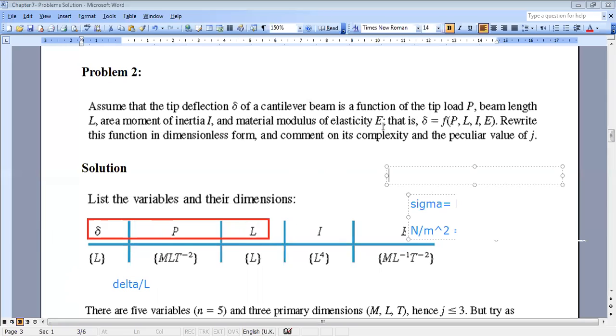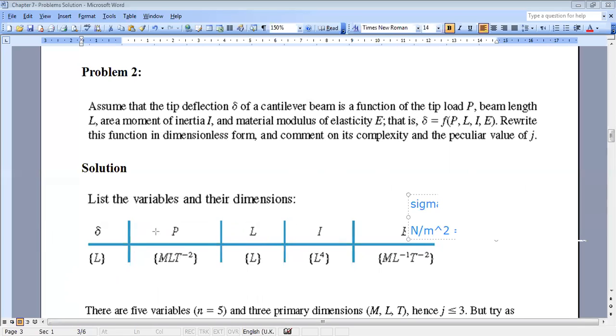Now, how can you know this without trying a lot? Look at your dimensions. In general, we say that if we have 3 dimensions, then probably J can be equal to 3. But here, why is it smaller than 3?